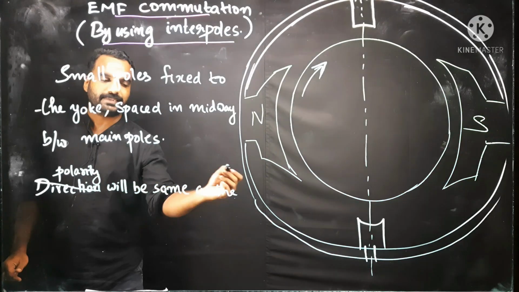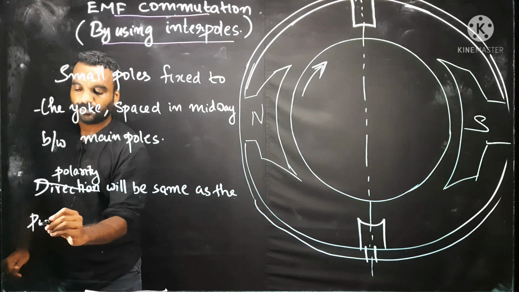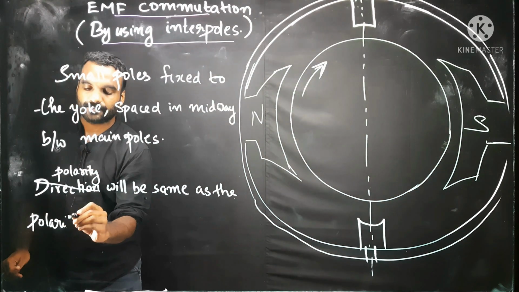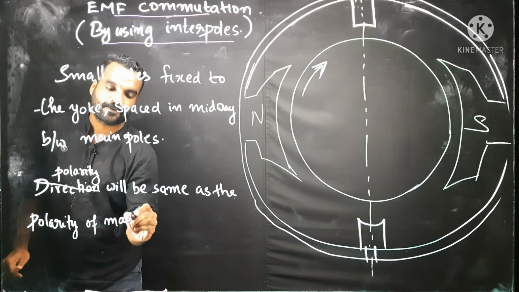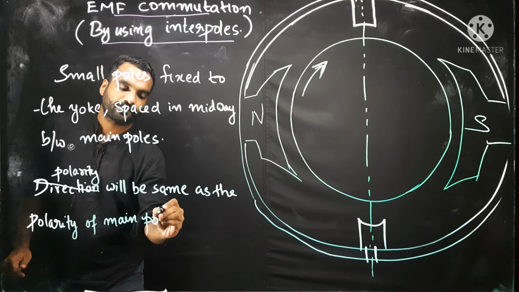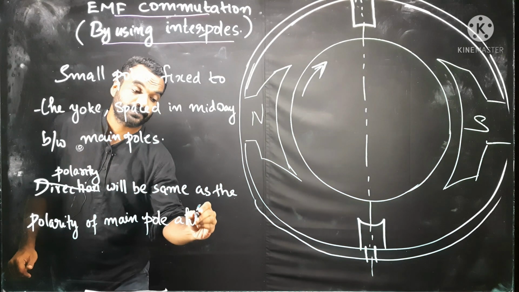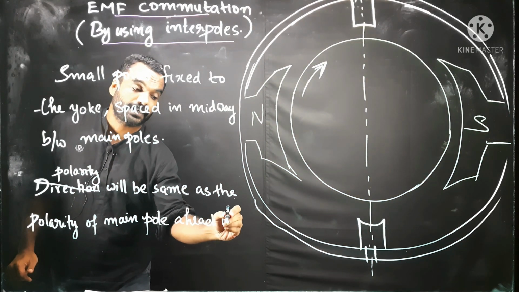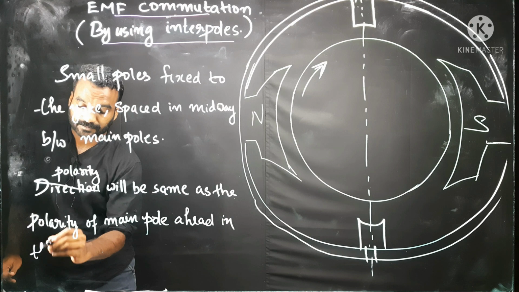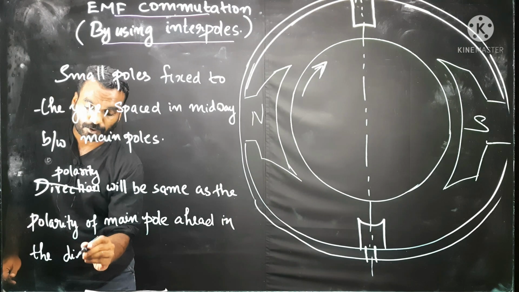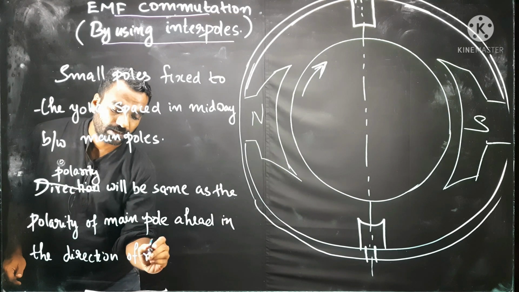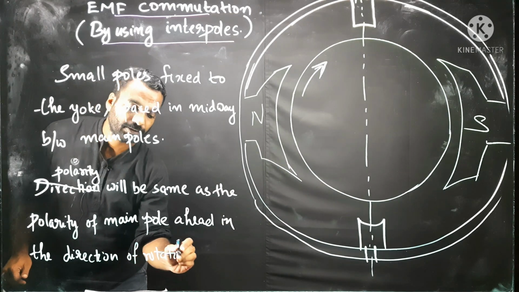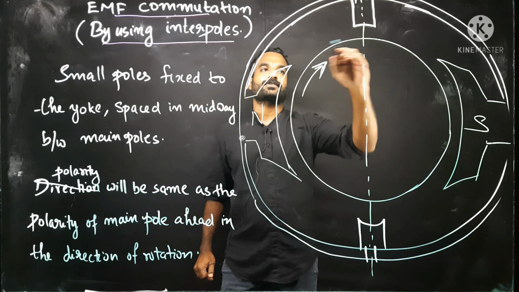Polarity will be same as the polarity of main pole ahead in the direction of rotation. Now please tell me, this is the direction of rotation.